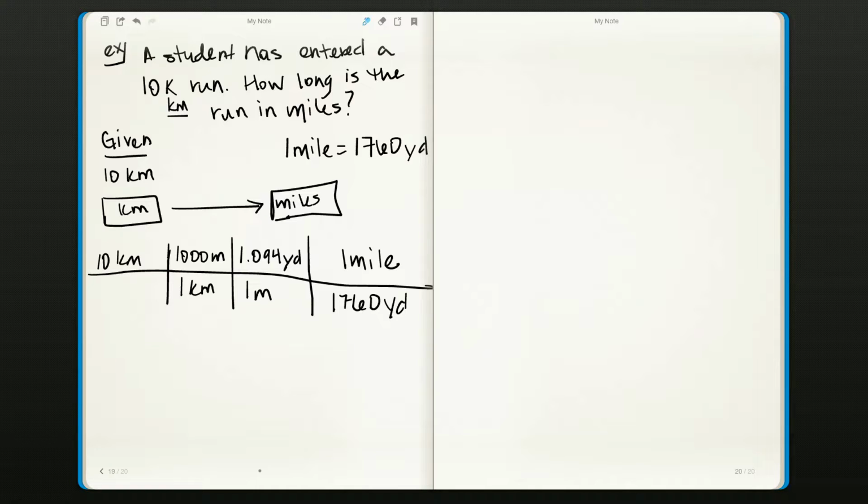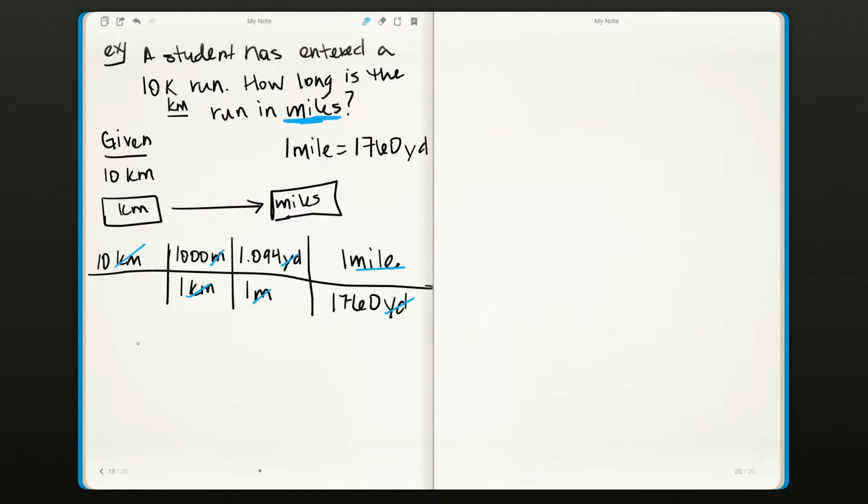So now we're going to go through and make sure that our units cancel. Kilometers in the numerator, kilometers in the denominator, good. Meters in the numerator, meters in the denominator, those cancel. Then yards in the numerator and yards in the denominator, those cancel. So now we're left with miles, which is what our goal is here, is to get the run in miles.